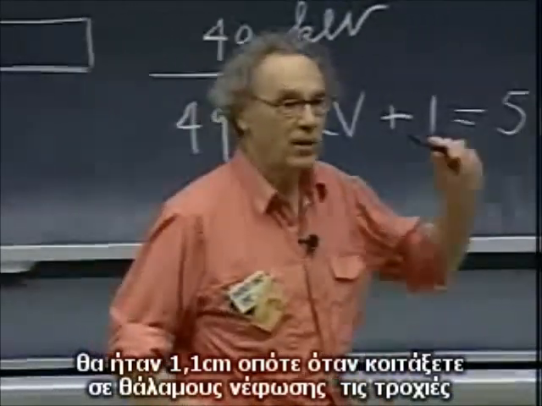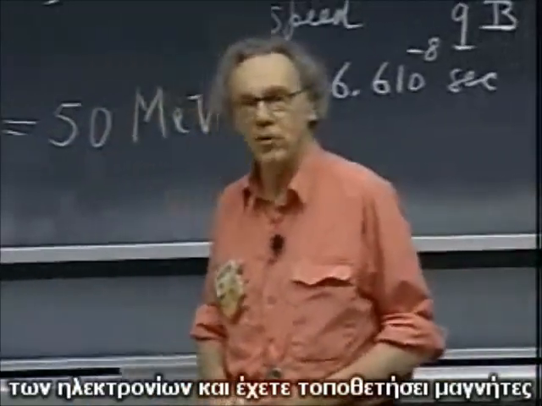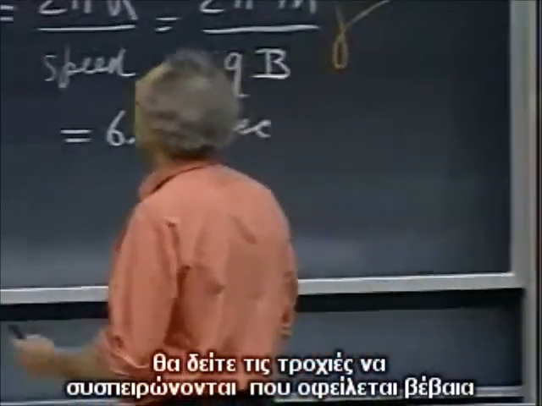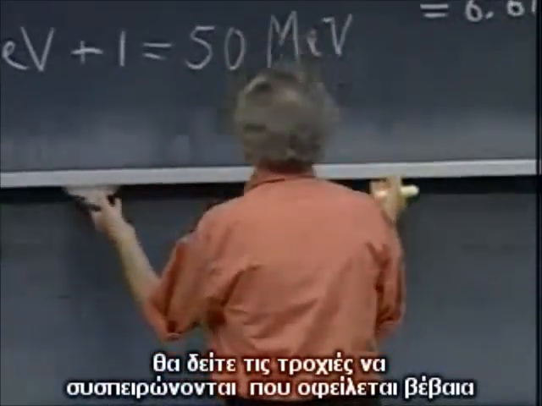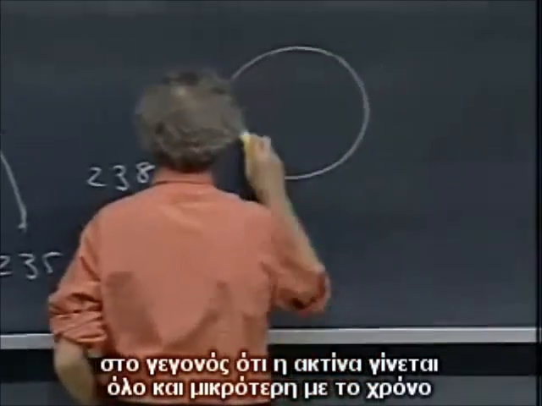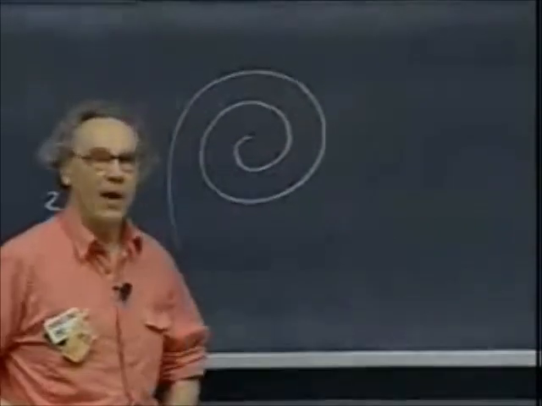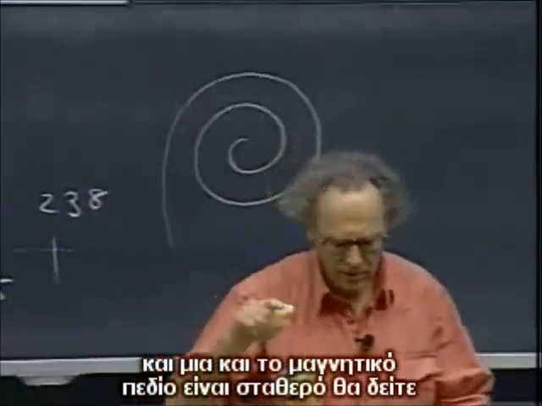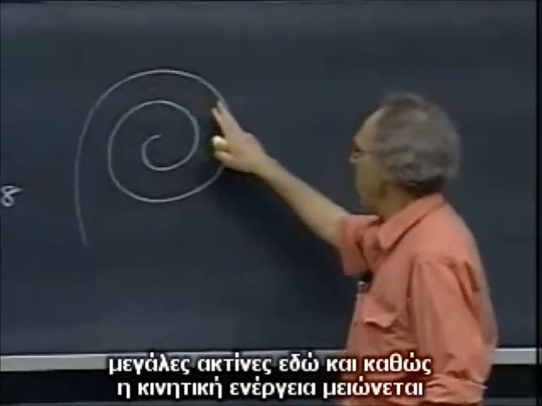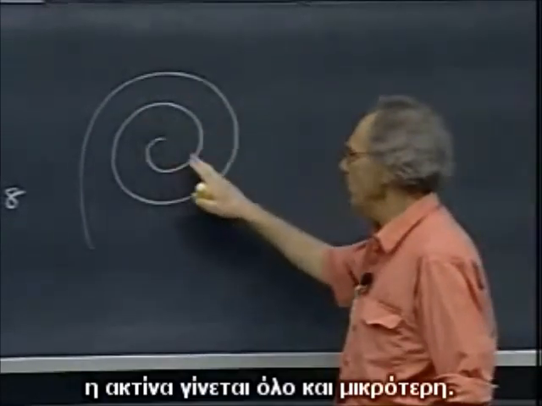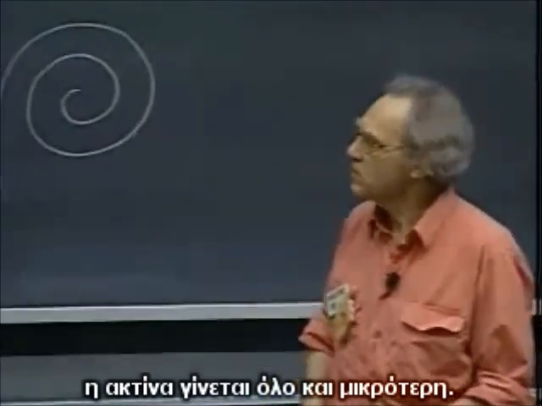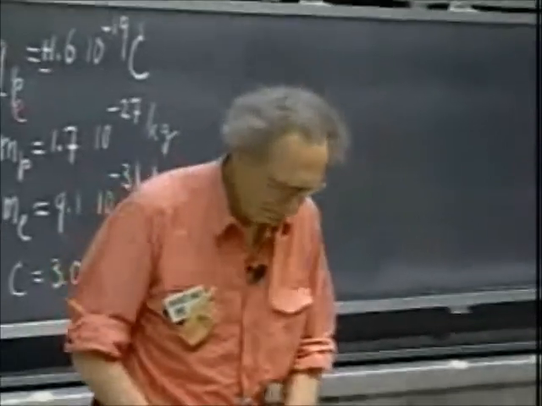And so when you look at cloud chambers, at the tracks of electrons, and you have magnets there, you will see the tracks being curled up, which of course is the result of the fact that the radius gets smaller in time, and since the magnetic field is constant, you can see a large radius here, and as the kinetic energy slowly decreases, the radius gets smaller and smaller and smaller.